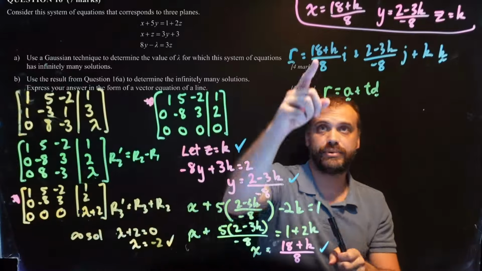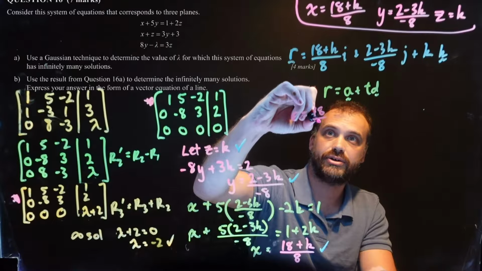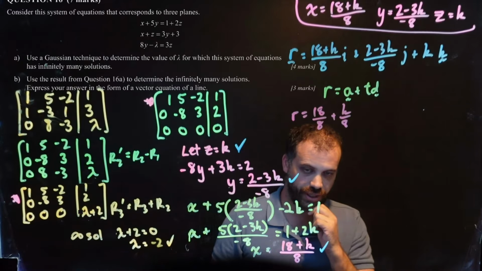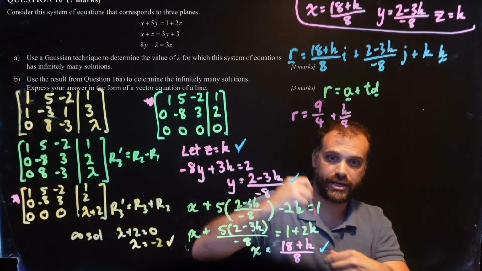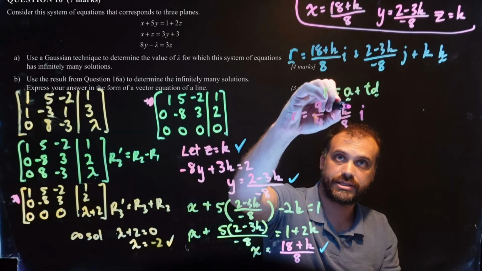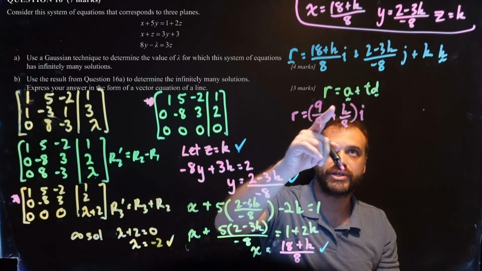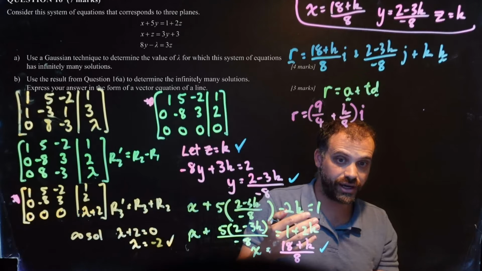We have 18 plus k on 8. That's the same as 18 on 8 plus k on 8. 18 on 8 is the same as 9 on 4. So now this bit here is our i's, and we'll do something with it in a second. This is the same here, so we can have 2 on negative 8.